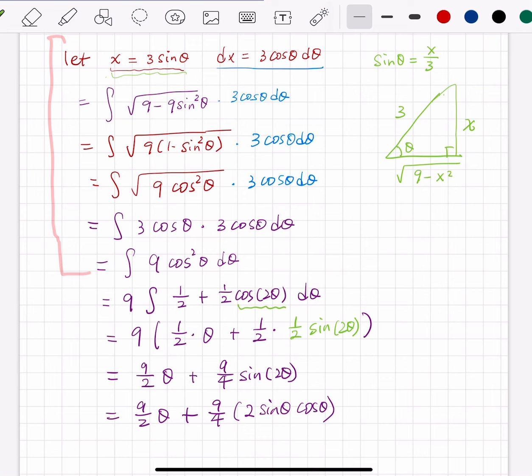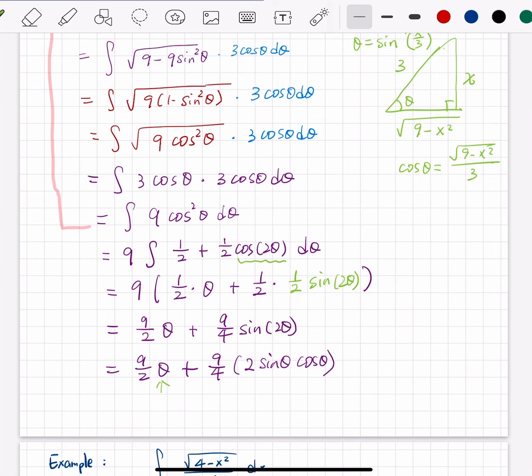So cosine of theta is going to be the adjacent over the hypotenuse. And then theta is just going to be the inverse arcsine of x/3.